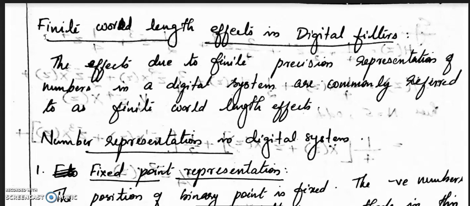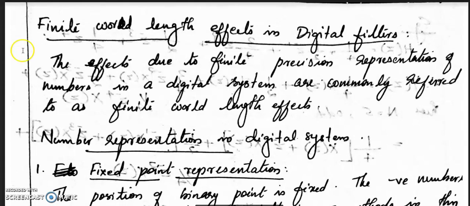So there will be finite word length registers in the signal processors. If our data is above that size, there will be some effects, and those effects are known as finite word length effects. That's the basic idea. We'll see it later in detail.